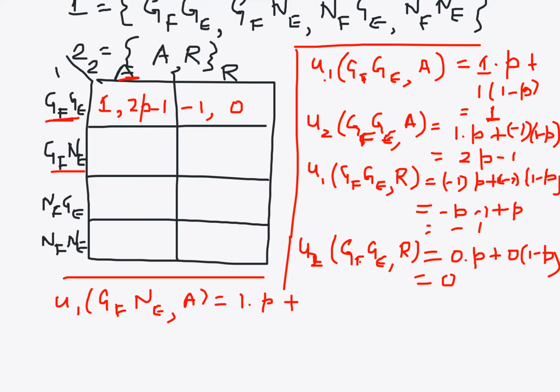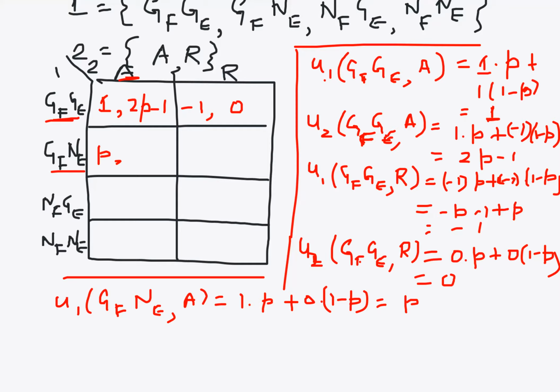And player 2 accepts. So that's an out of equilibrium path, right? Doesn't matter what player 2 does, because game ends when player does not give gift, and they both receive 0, right? So 0 times 1 minus P. So the payoff would be equal to P plus 0, which is equal to P. So expected payoff for player 1, when player 1 gives gift as a friend type and not as an enemy type, and player 2 accepts the gift, will be P.